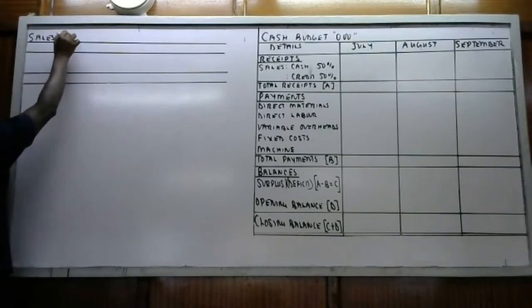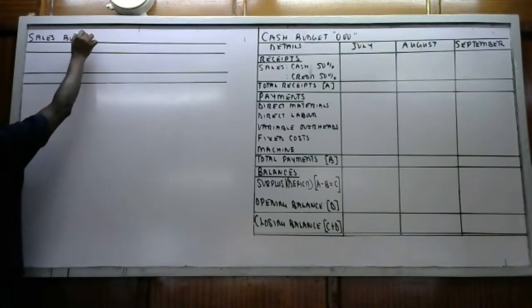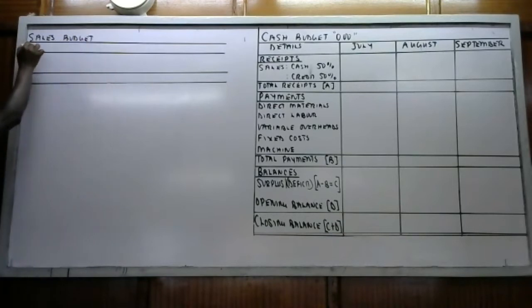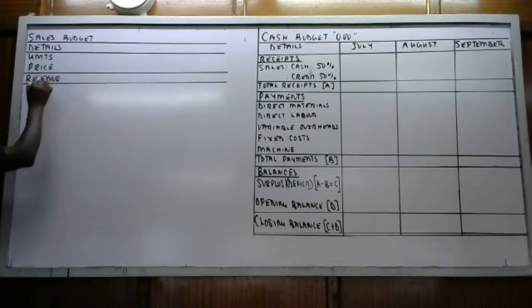Sales budget: what details do we have? We have units, we have the price, and then revenue or the amount.